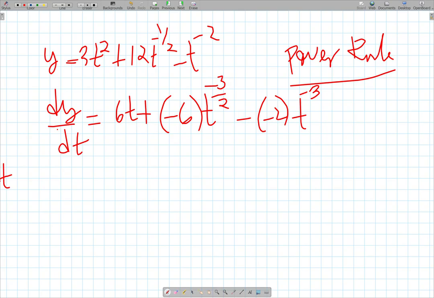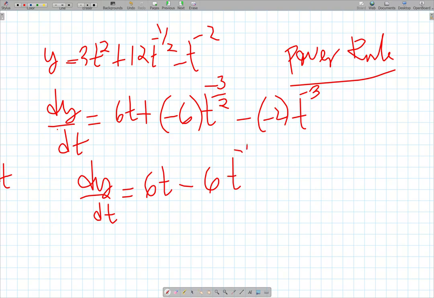Using power rule. So, simplifying this one, no? dy over dt equals 60. Diba? Positive times negative 6, then t, yan, negative 3 over 2, and then negative times negative, positive 2, t negative 3, right?